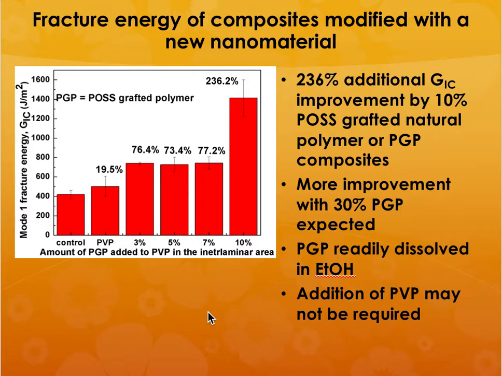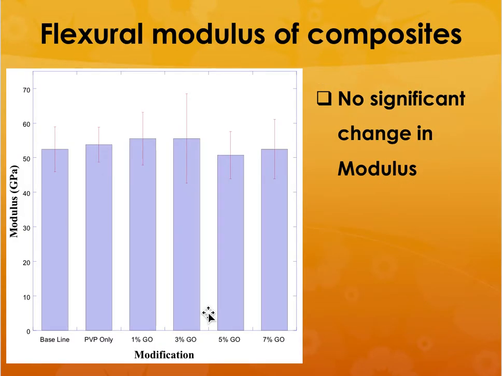And that improvement doesn't seem to have a limit. So you could probably add more of that material. So all you have to do is to make sure that you have enough of that material to add into the composite system. And the other nice thing is that when you start adding all these things, it starts decreasing the stiffness of your composite material.